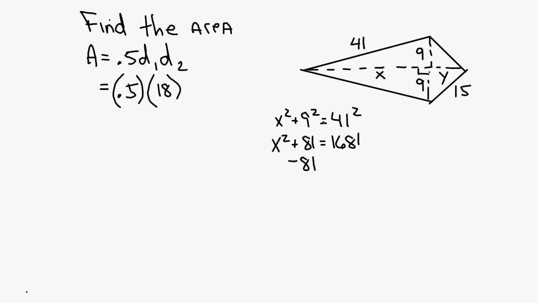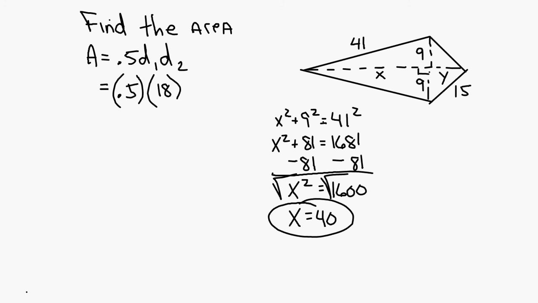Subtract 81 from both sides. x squared equals 1600. Find the square root of each side, so your x is equal to 40.